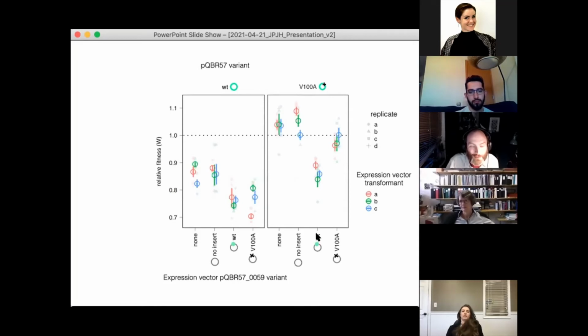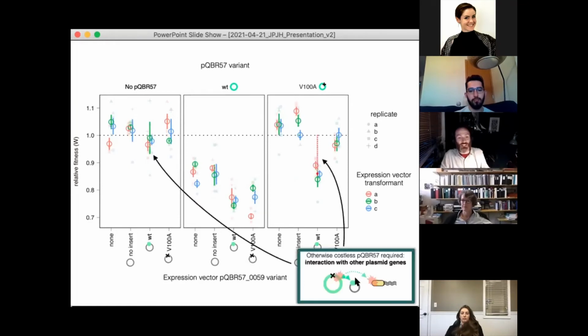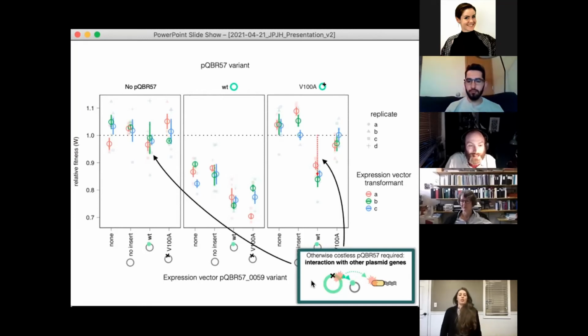If we put in the expression vector with the wild type variant, we can complement it and we can actually see the cost coming back. And if we don't have this megaplasmid, then we don't get a fitness cost, even from the wild type variant of this protein. So what this says is that we're in this situation where there's some kind of interaction with other plasmid genes, which means that this protein causes a fitness cost.